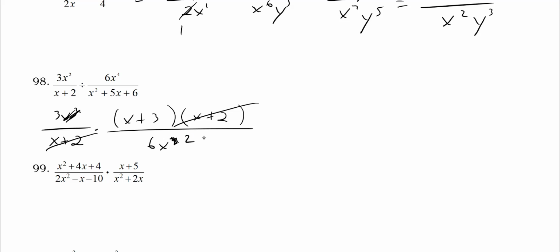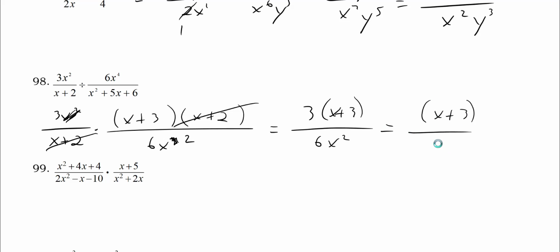It just becomes an x squared there, right? 4 minus 2, the south wins by 2. And then, again, let me show you if I don't do anything else, I just get 3 times x plus 3, and on the bottom is 6x squared. And then the 6 and 3 cancel, so it's just going to be x plus 3 over, oh sorry, over 2x squared.